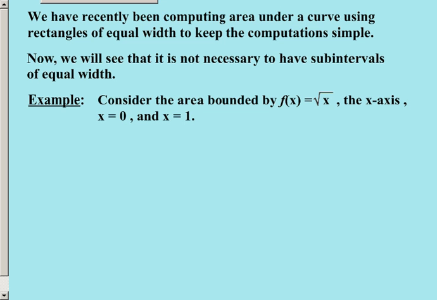Okay, so let's take a look here at a typical situation. Consider the area bounded by f of x equaling the square root of x and the x-axis, as well as x equals 0 and x equals 1. Okay, so getting a visual of this area that we are looking at. As you can see, and you should know well already, the parent square root function emerges from the origin heading mostly vertical, but then changes direction radically within its first unit of the domain.